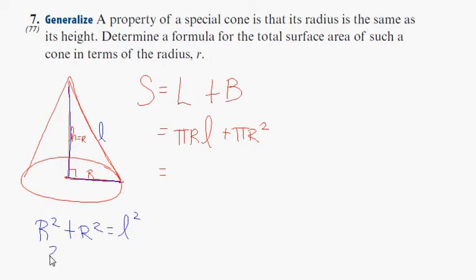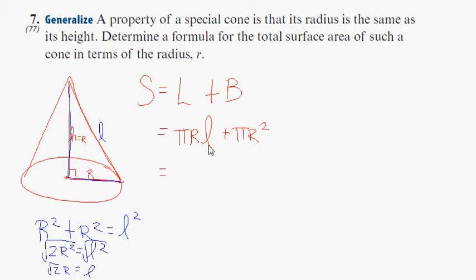If I add my like terms together, I get 2r squared equals L squared. So the value of L is going to be the square root of these two, which is L equals the square root of 2, and then r comes out from under the radical because the square root of a squared value is just that value itself.